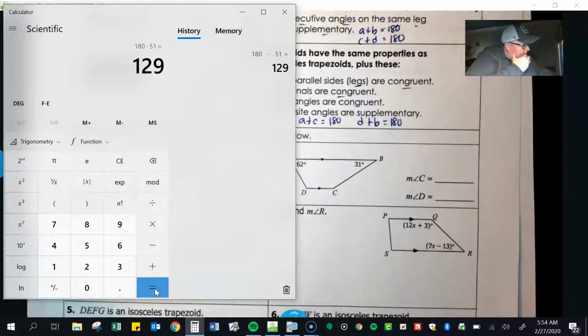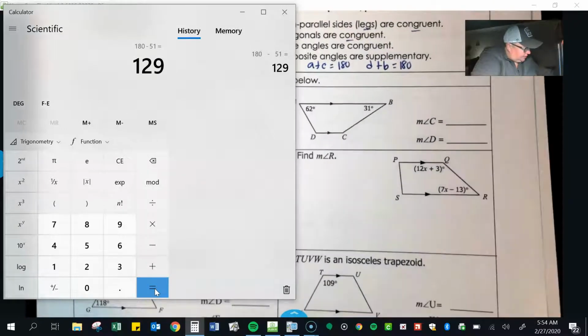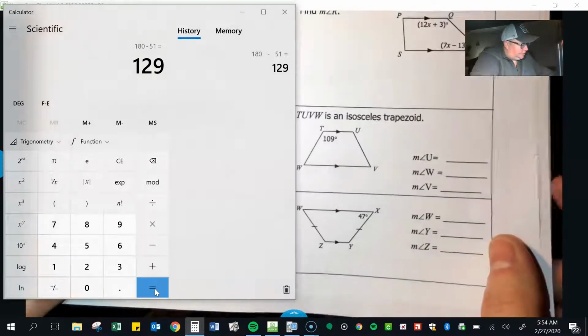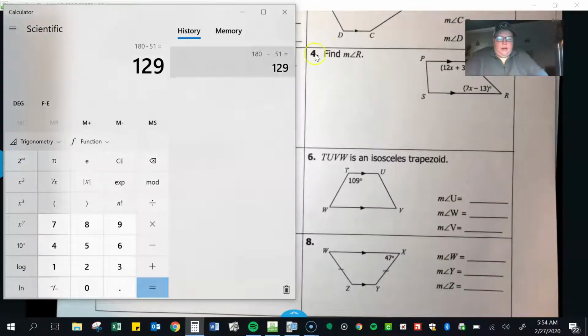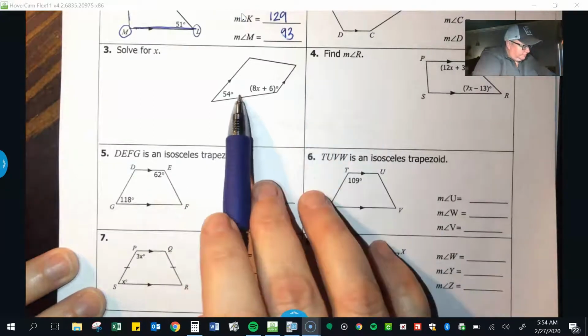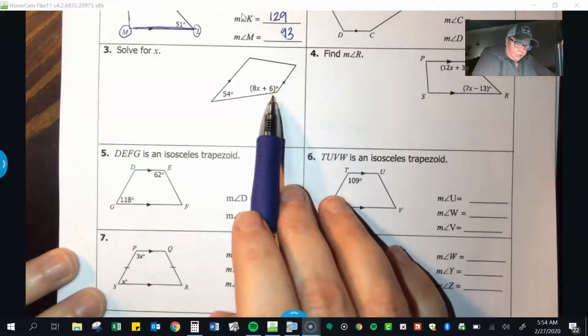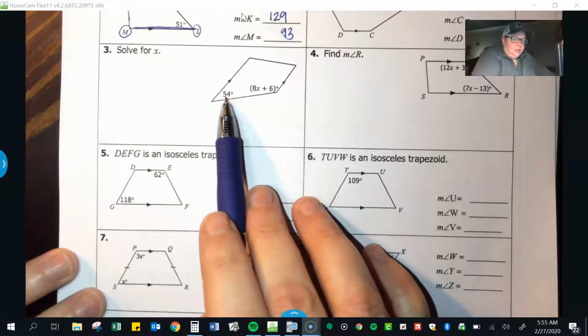So let's look at, not a regular, but an isosceles trapezoid. I'm going to give you a quick note here about this one, number 3. Solve for x. You're going to set up an equation so that you can solve for x.